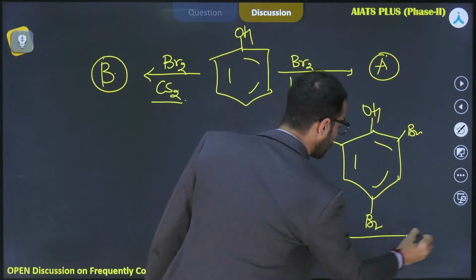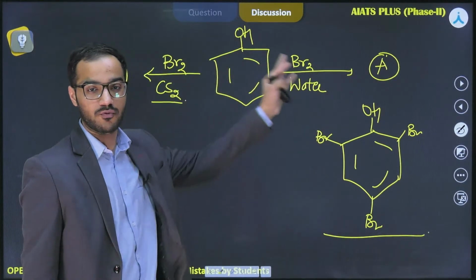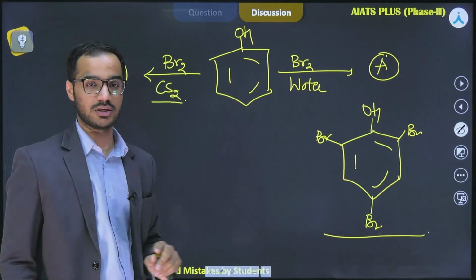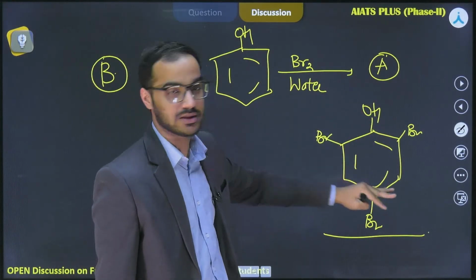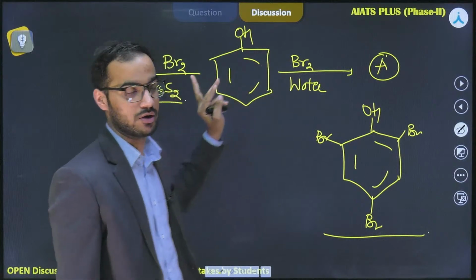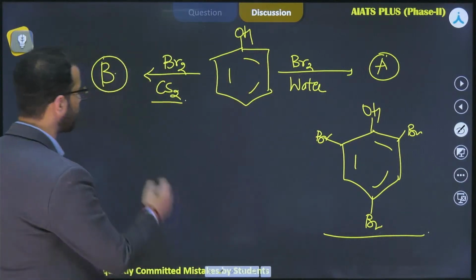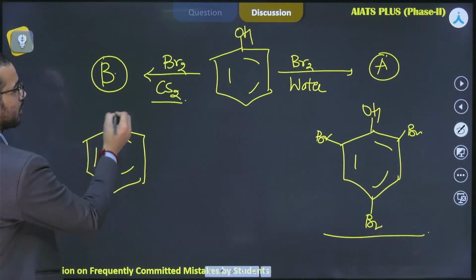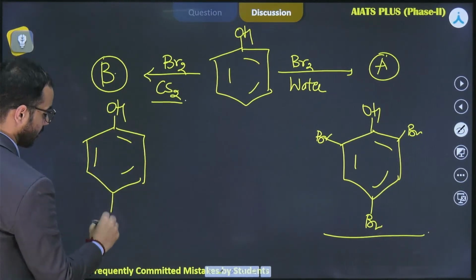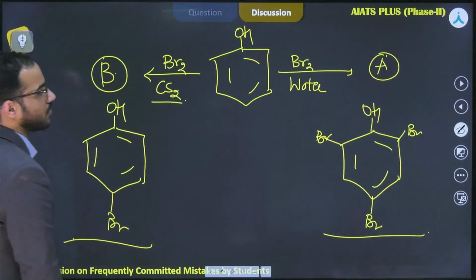This is the product formed on reaction of phenol with bromine water. And if you are reacting with bromine in the presence of CS2, you will be getting a mono-substituted product, with one Br. This is the major product.